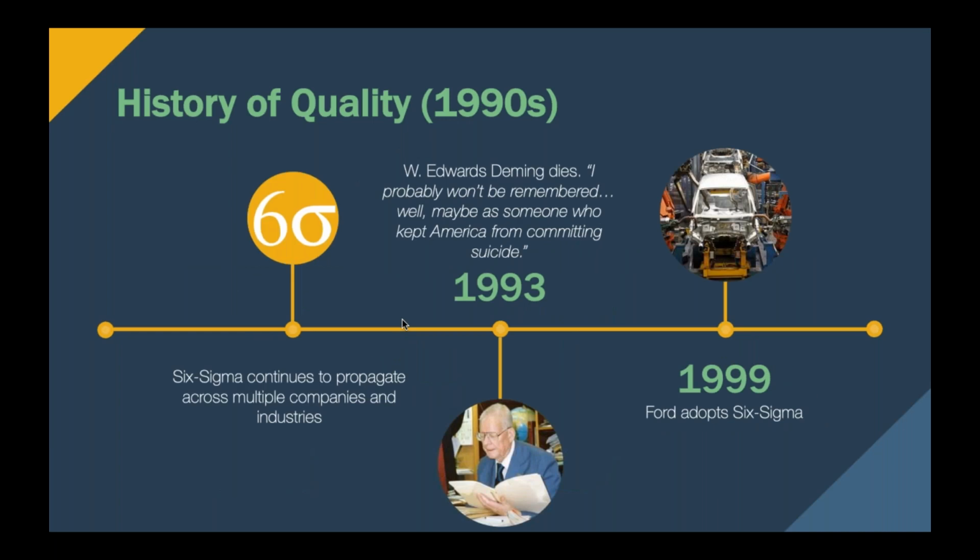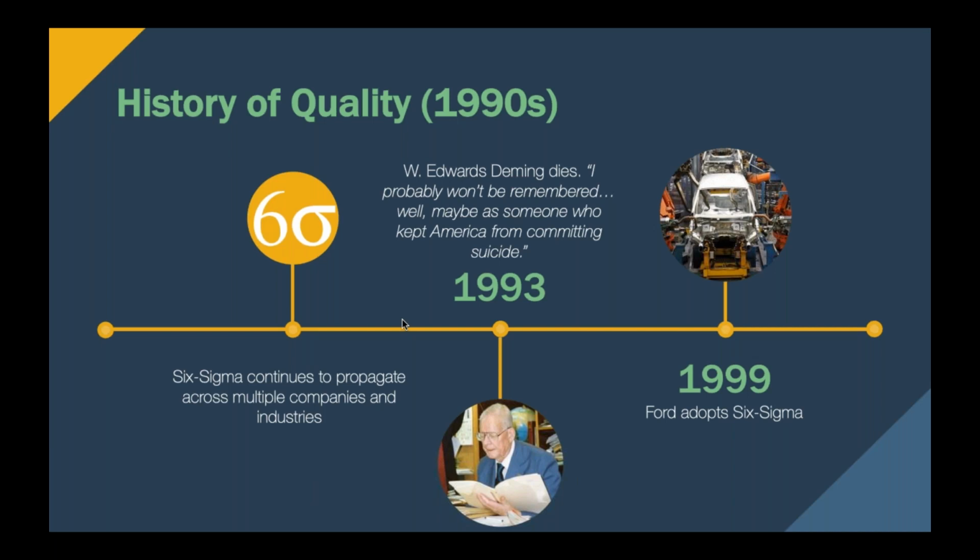In the 90s, Six Sigma continued to propagate. In 1993, W. Edwards Deming passes away, and in a notable quote says, "I probably won't be remembered, well, maybe as someone who kept America from committing suicide." I particularly enjoy that quote.